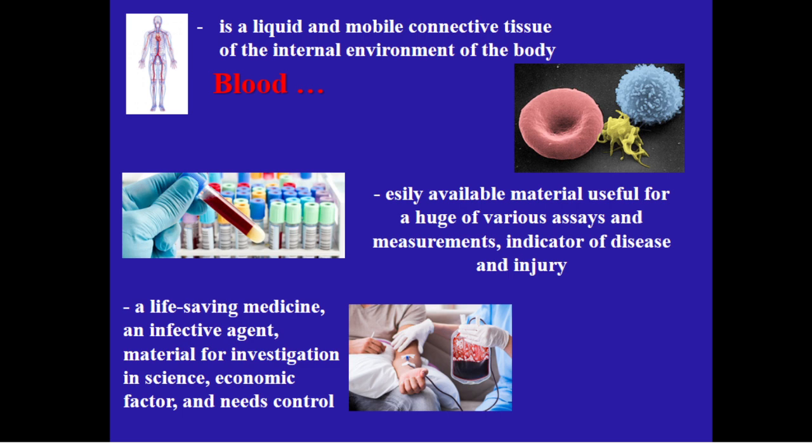And this is a task not only for medicine, but also for governments and health volunteers. As we said, blood consists of plasma and cells, and today we will mainly talk about plasma.